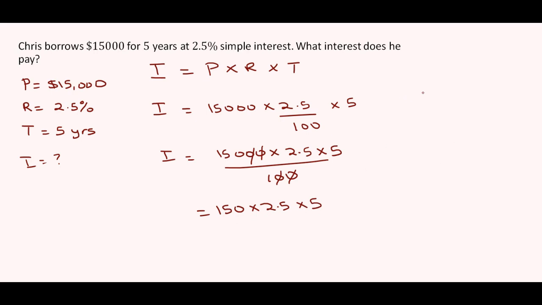So let's look at 150 multiplied by 2.5. We multiply this. 0 multiplied by 5, we have 0. 5 multiplied by 5, we have 25. So we're going to write the 5 and carry up the 2. 1 multiplied by 5 is 5 plus 2. That's going to give us 7. Then we put a 0 out here.